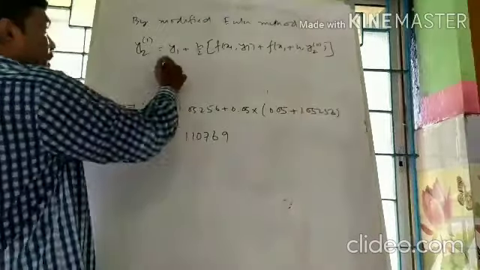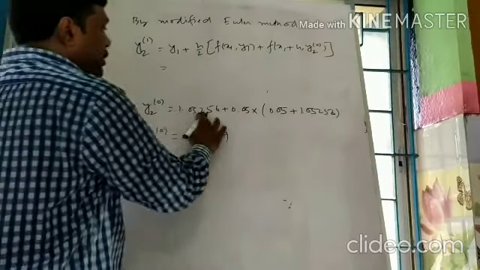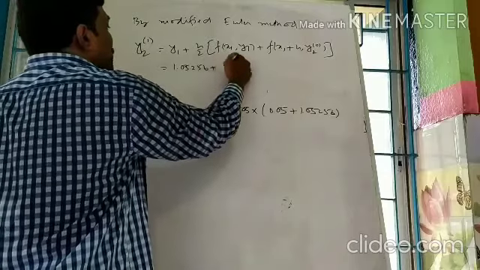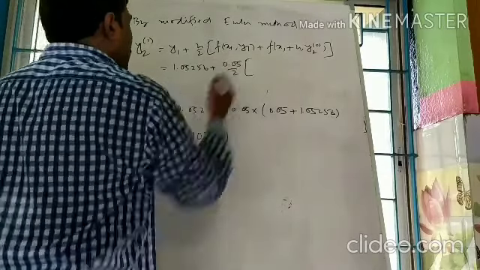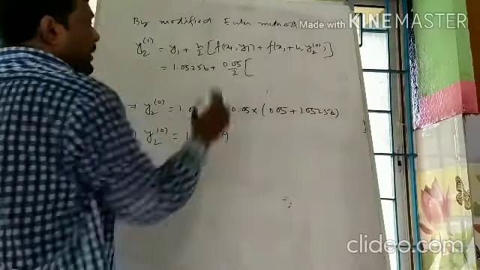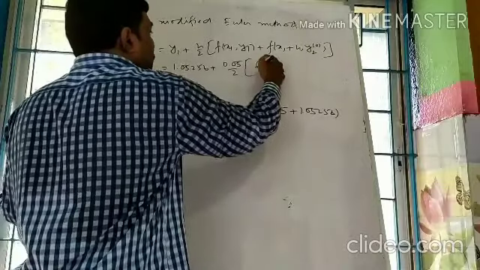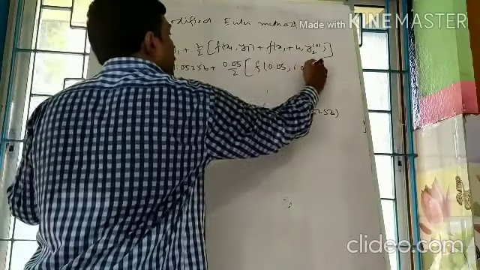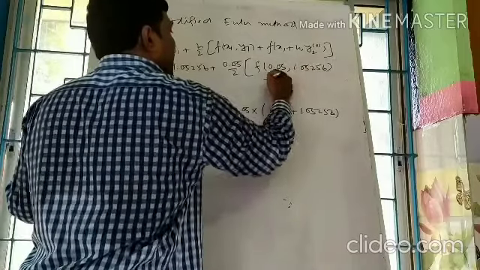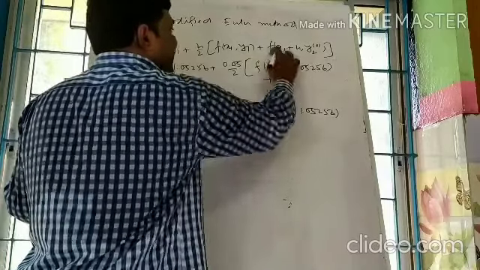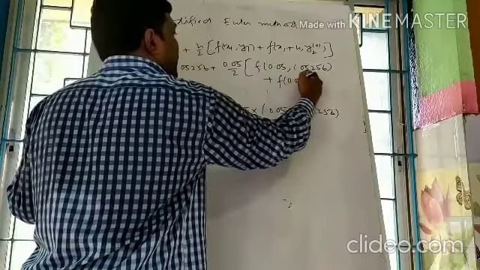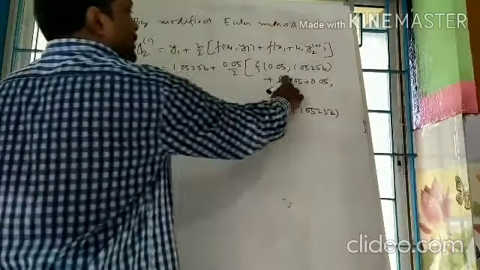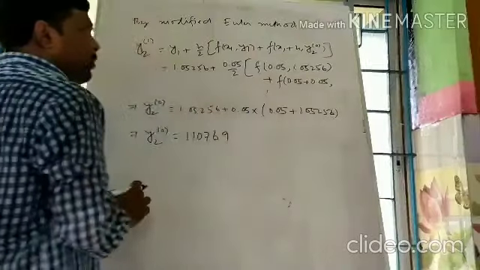Now what is y1? y1 is 1.05256. So 1.05256 plus 0.05 by 2 times f of x1 y1, where x1 is 0.05 and y1 is 1.05256, plus f of x1 plus h, that is 0.05 plus h, 0.05, comma y2 0.